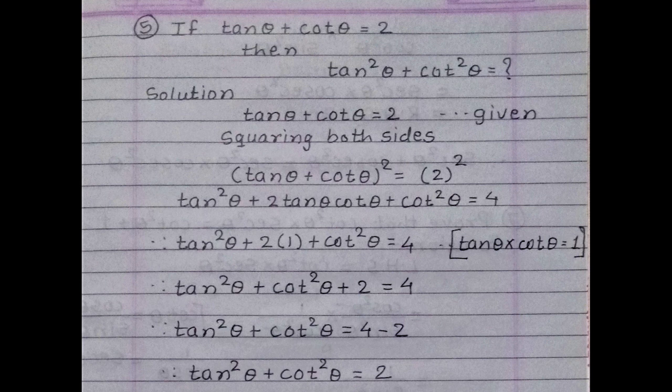Remember, it is (a plus b) whole bracket square. So what is (a plus b) whole bracket square? a square plus 2ab plus b square. So tan square theta plus 2 tan theta cot theta plus cot square theta is equal to 4.